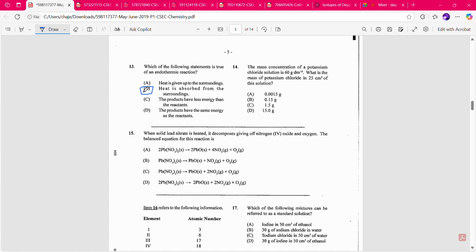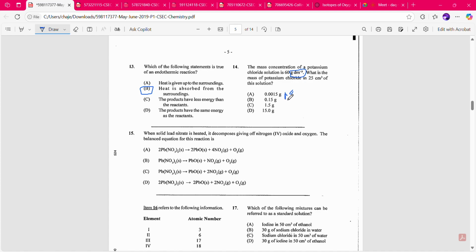14. The mass concentration of potassium chloride solution is 60 gram per dm cube. What is the mass of potassium chloride in 25 centimeters cube of this solution? Alright, so note that you can use the unit to tell you what the equation is.